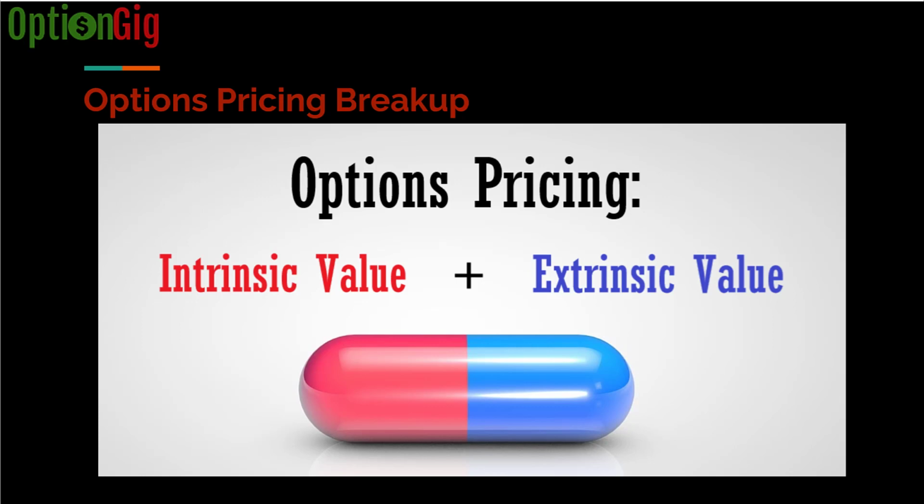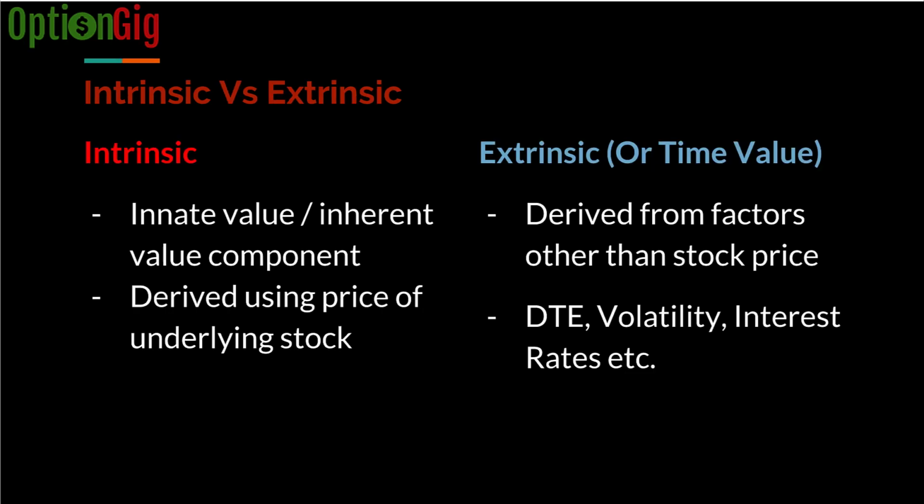Means an option price has an intrinsic value, which is solely determined by the strike price and the current stock price. And then the other component of an option price is an extrinsic value. Intrinsic is derived using the current price of the underlying stock. As the word suggests, this is the value which is inherent or innate in that option contract.